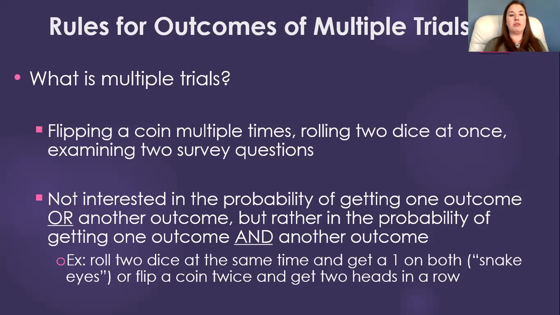This is about writing everything for multiple trials. We're doing things multiple times. We're examining 2 survey questions, rolling 2 dice at once, rolling 1 die multiple times. For these, we're not interested in the probability of getting one outcome or another outcome in one attempt, that's single trials, but rather the probability of getting one outcome and then another outcome in the next trial, right?